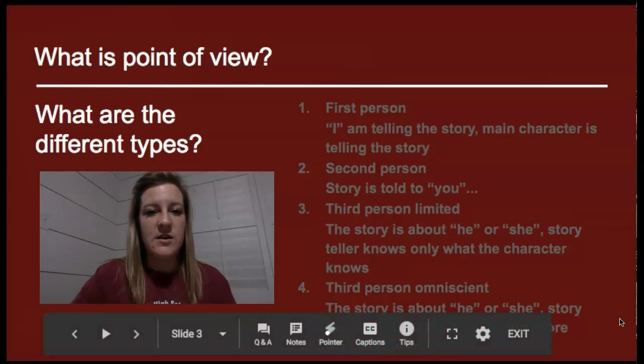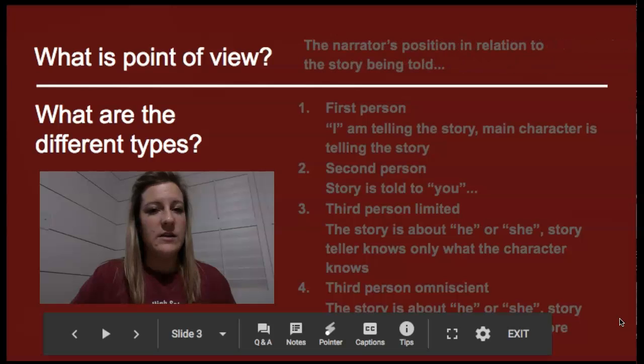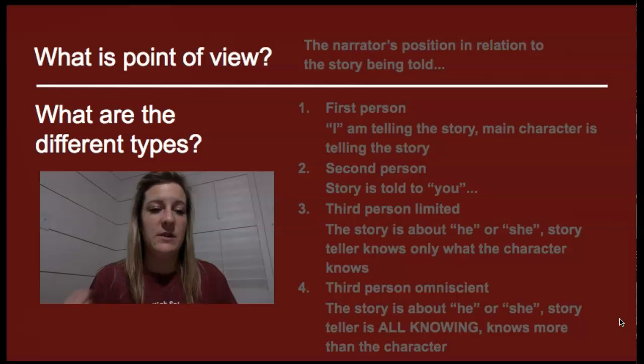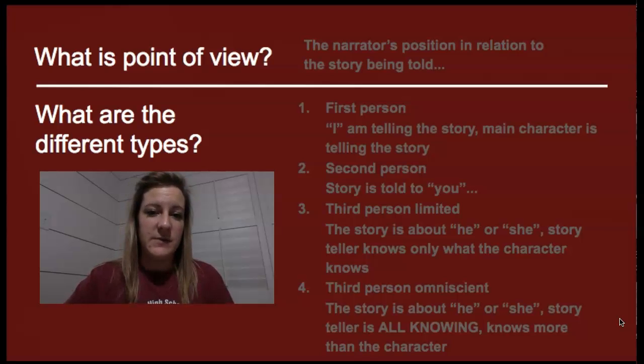So now that you know a little background on first, second, and third person point of view, really the only thing is, well, talk about point of view, is the narrator's position in relation to the story being told. Okay. So whoever's telling the story, how they're telling the story is where the point of view comes from. Okay.